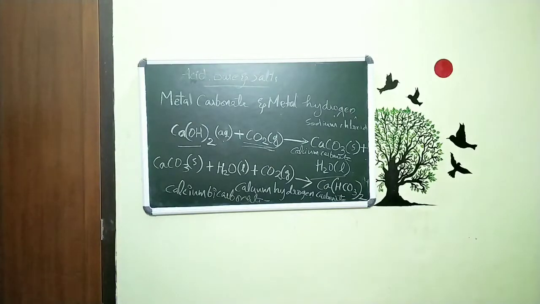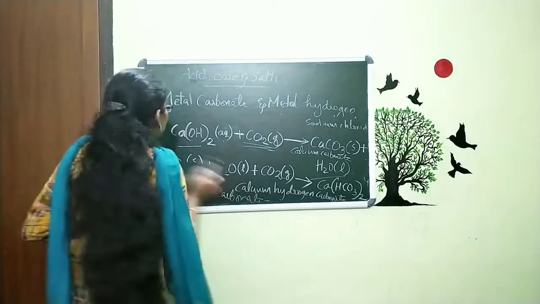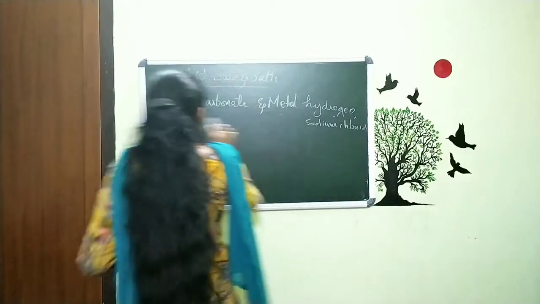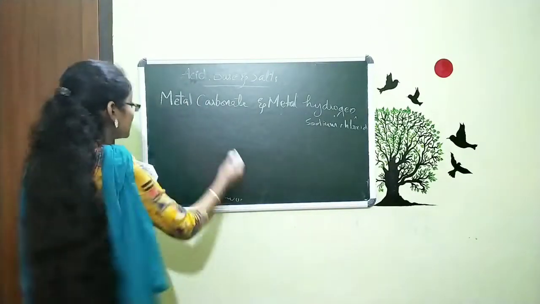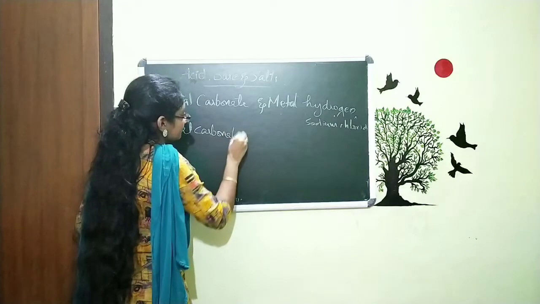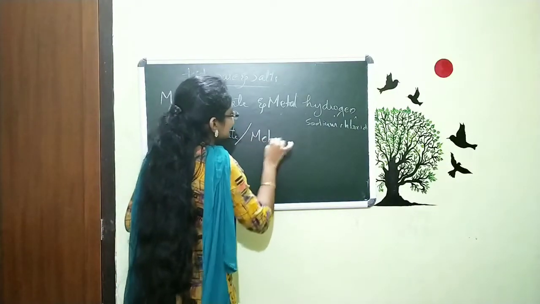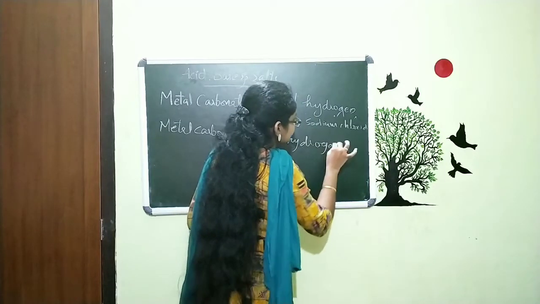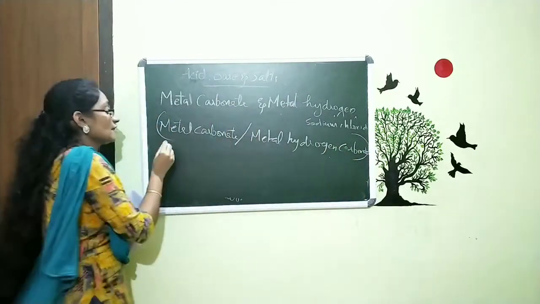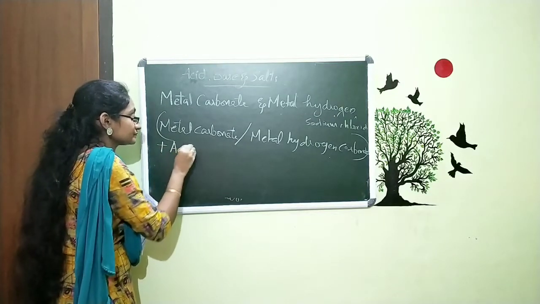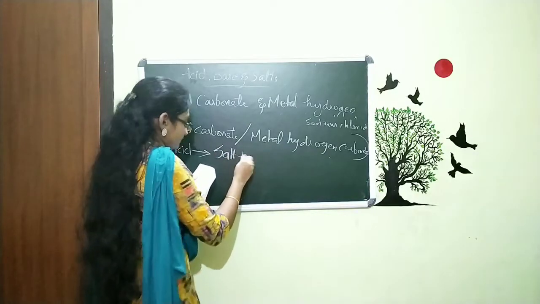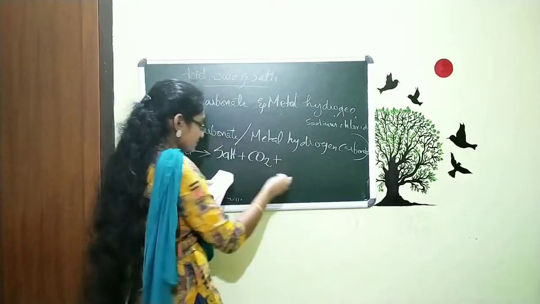So we are going to conclude that when the metal carbonate or metal hydrogen carbonate reacts with acid, we get salt, carbon dioxide gas and water.